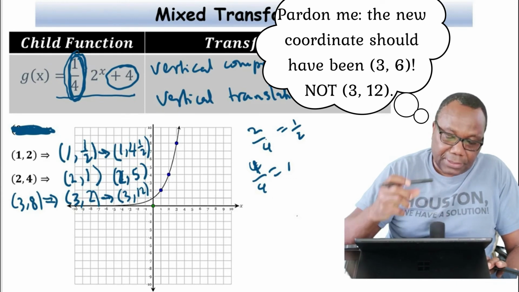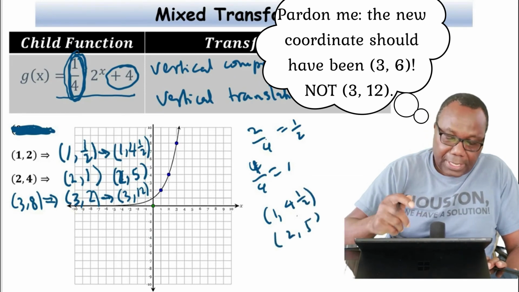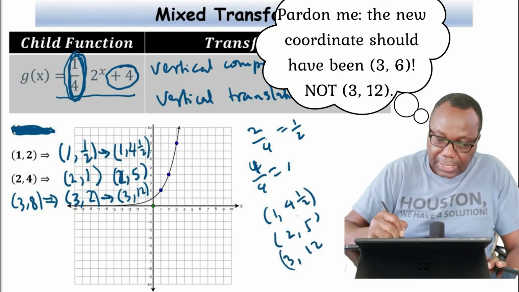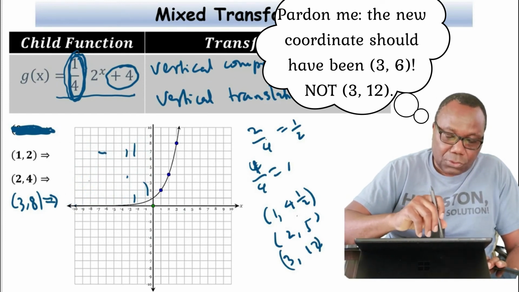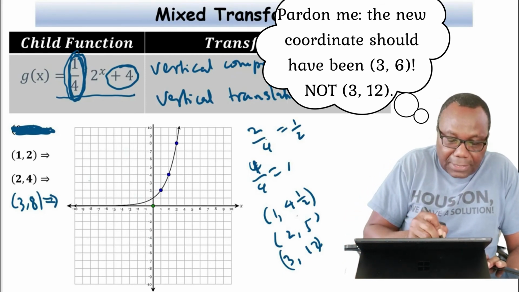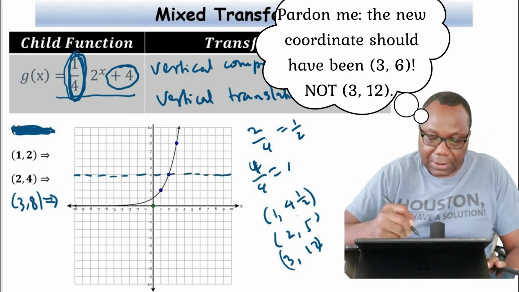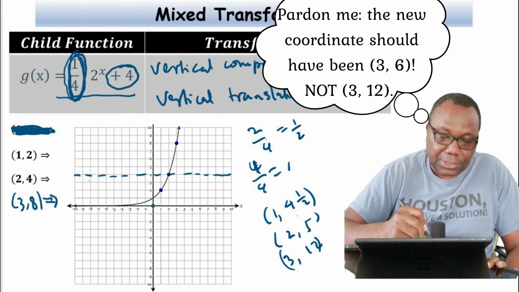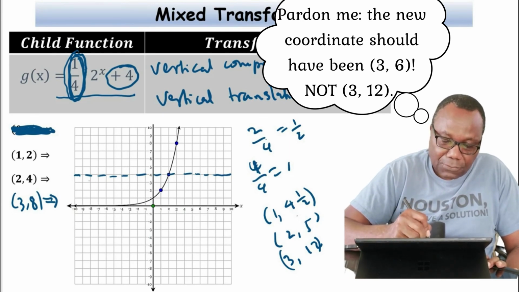I will erase this old position, then write the new positions at 1, 4.5, and then 2, 5, and then 3, 12. Now I can erase this, and let's draw the new asymptote. The new asymptote is going to be at y equals 4. Now we plot the new location of each point. 1 and 4.5 is going to be over here.